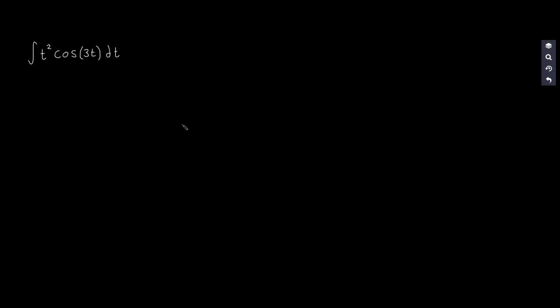So this one is the integral of t raised to the power of 2 times cosine of 3t with respect to t. Well, we know that this is an integration by parts problem because there's a product in the integrand. We will use LIATE. There's no logarithms, there's no inverse trigonometric functions. There is an algebraic expression though, and that's t raised to the power of 2.